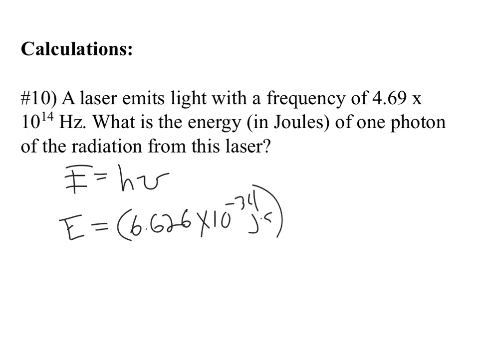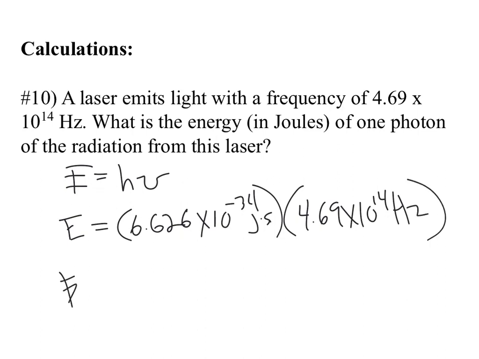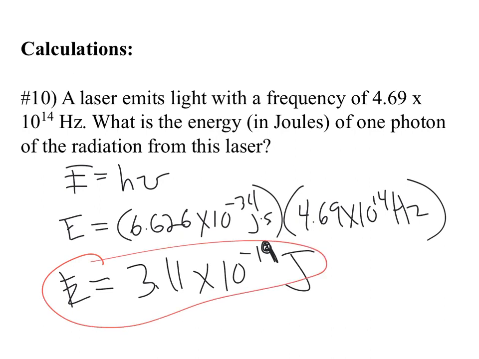The unit is joule seconds, times the frequency, which in this case is 4.69 times 10 to the 14th hertz. And when we calculate that, we end up with 3.11 times 10 to the negative 19th joules. It's a 19. Okay, so that was the last one on the sheet.